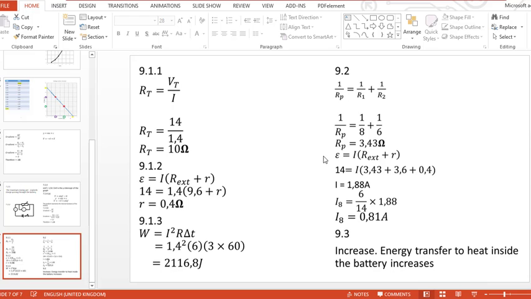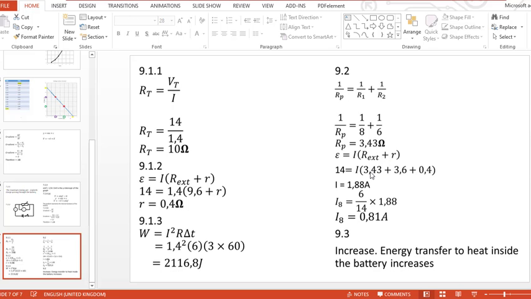With that one, we use the EMF formula, which is EMF is equal to the current times the total resistance of the circuit. The EMF is 14, which is equal to the current times all the resistors.